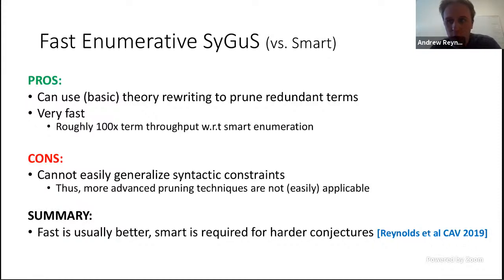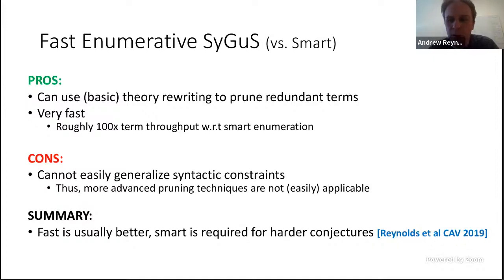The main con, though, when using fast enumeration is you cannot easily generalize syntactic constraints, and some of these more advanced techniques for pruning the search space are not easily applicable. The reason for that is essentially sometimes you need a constraint solver to really navigate a search space.